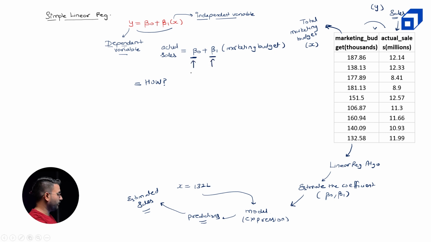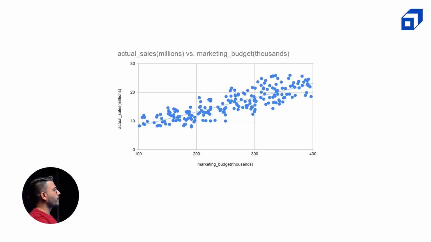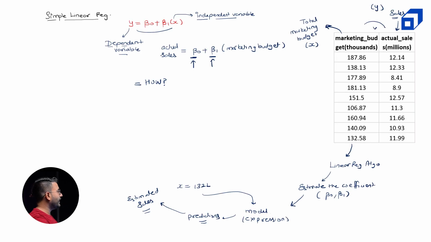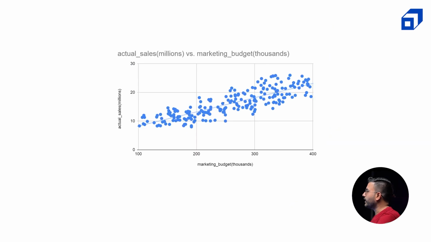Let's try to understand this. Here, look into this particular image. This scatter plot is basically the same scatter plot which I have plotted using this data. So here you can see that on the x-axis we have the marketing budget, on the y-axis we have the sales, and we can find out various data points.